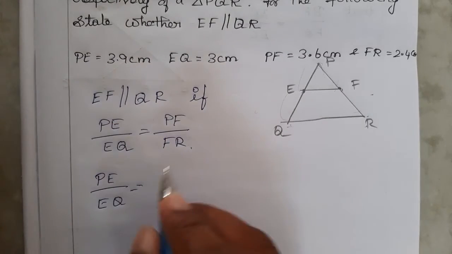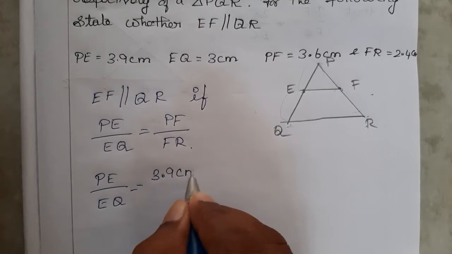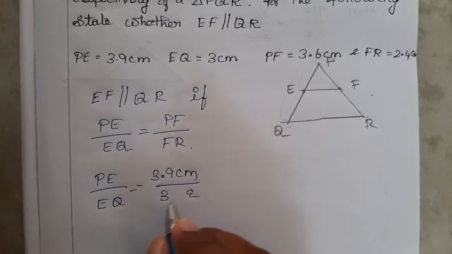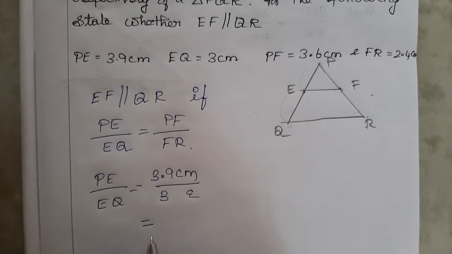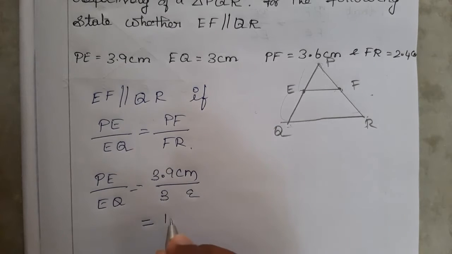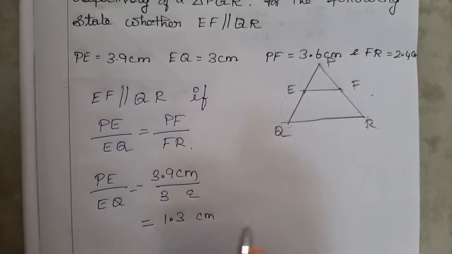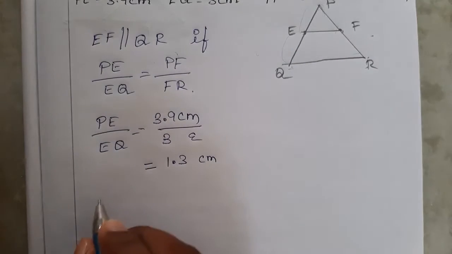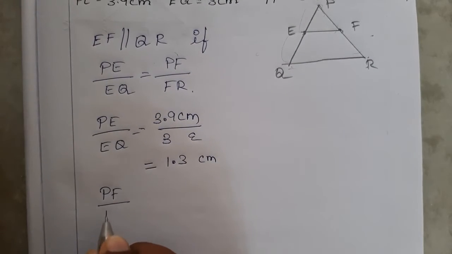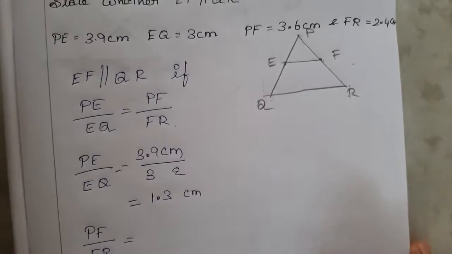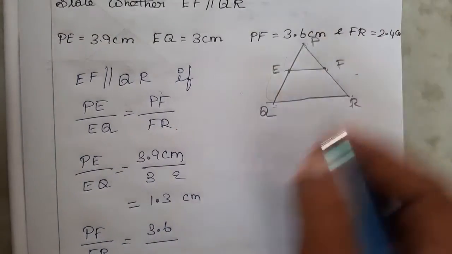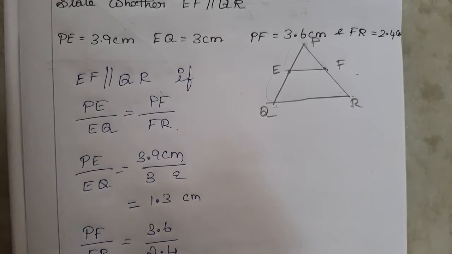PE is 3.9 centimeter and EQ is 3 centimeter. If we simplify, we will get 1.3, right? So 1.3 by 1. Next is PF and FR. So PF by FR: PF is given as 3.6 divided by FR, which is given as 2.4.